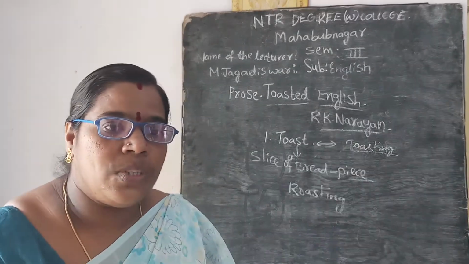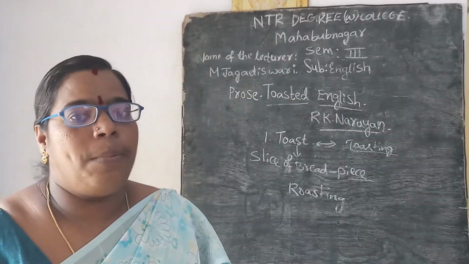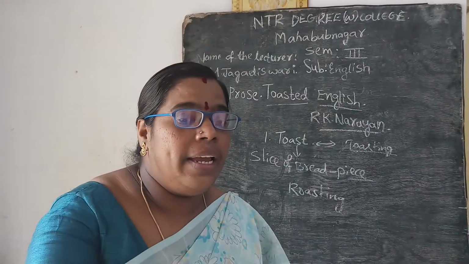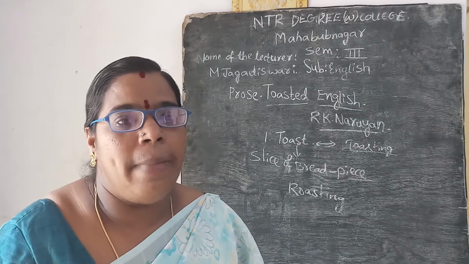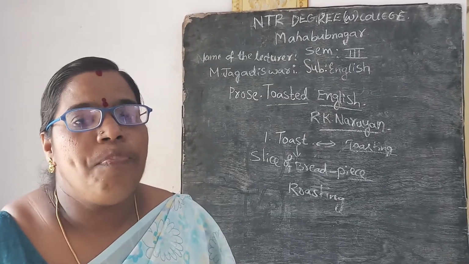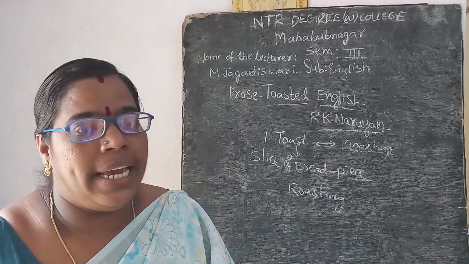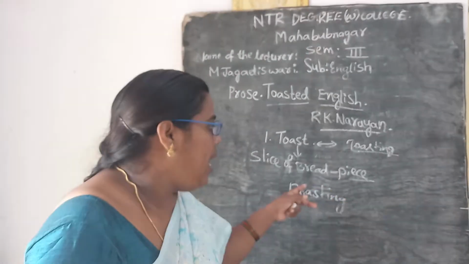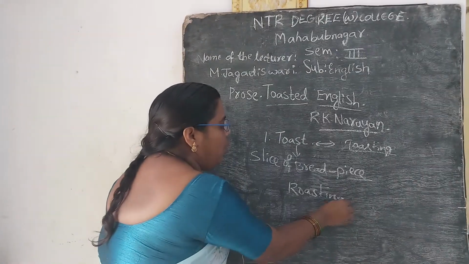This is the procedure: you go to the pan, and the heating of the bread slice can be made into a procedure, or simply heating, and the procedural steps are added to the word roasting.